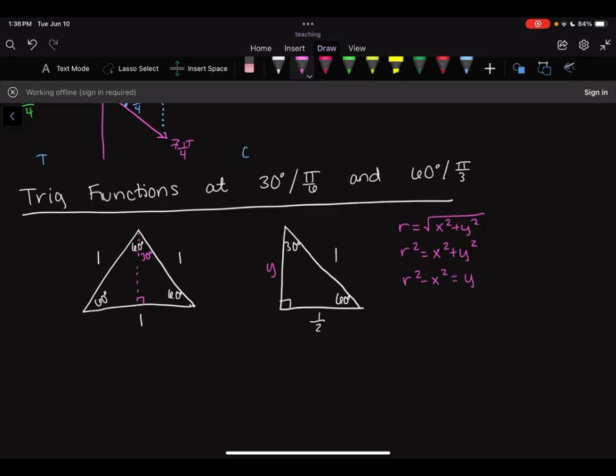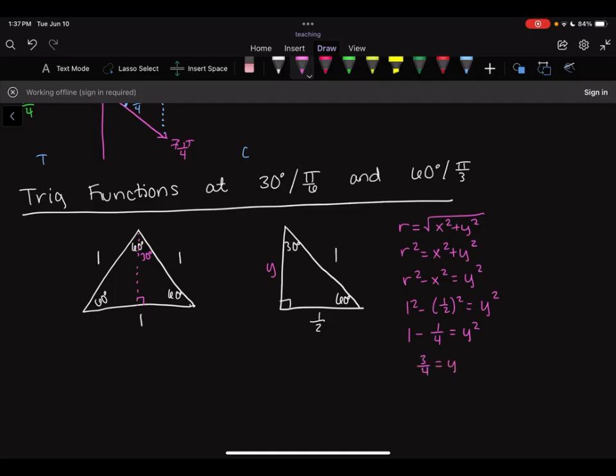And now I'll plug everything in. So I get 1 squared minus a half squared equals y squared. 1 minus 1 over 4 equals y squared. 1 minus a fourth is 3/4.